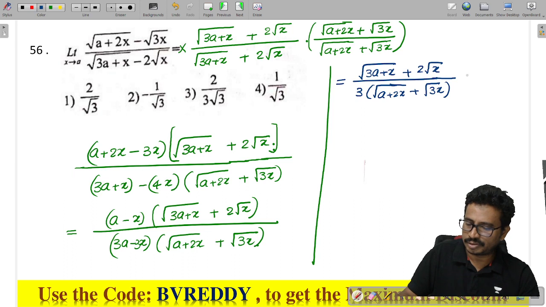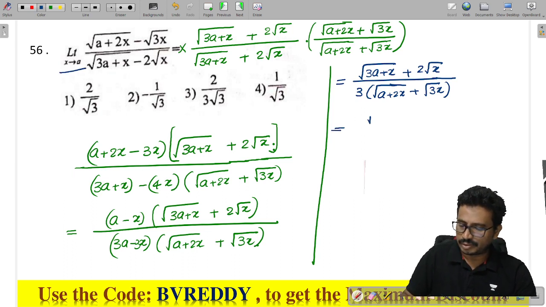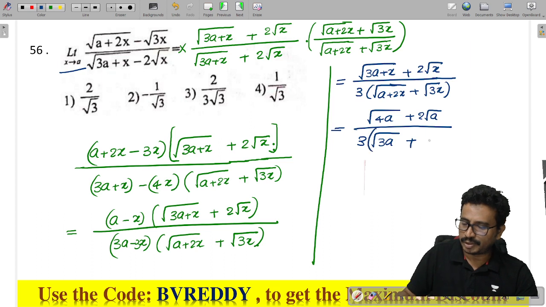Yeah, so then there is no problem now, we can directly substitute the limit x tends to a. So which is given as 4a plus 2 root a by 3 into, what do you tell me now here, square root of 3a plus square root of 3a.